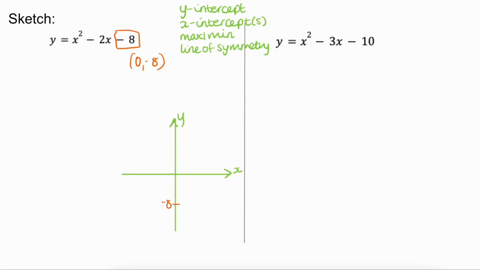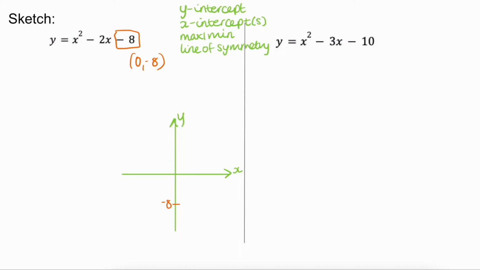Now I'm going to put it into x-intercept form, and that is to factorize it. So I need to factorize it so that I can essentially solve it to find where it crosses the x-axis. So if I'm factorizing this one, it's a nice simple one, because I've just got 1x squared.